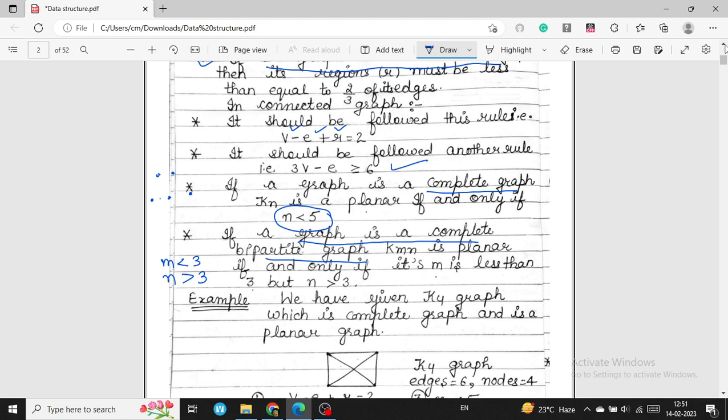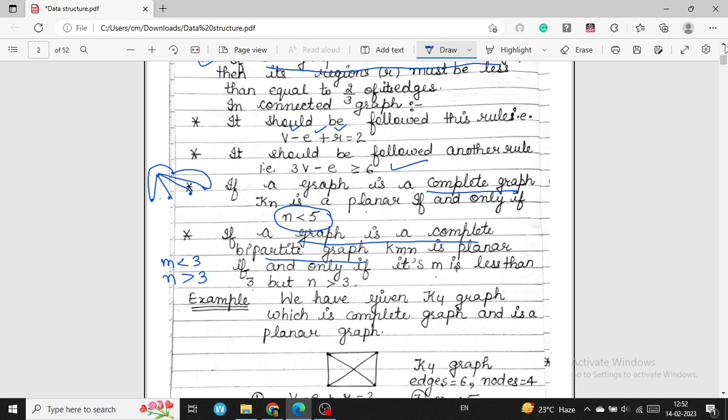It should be like this: 2 and 3, greater than 3. You can take 4 here. You can try to draw it, or you can draw it outside.